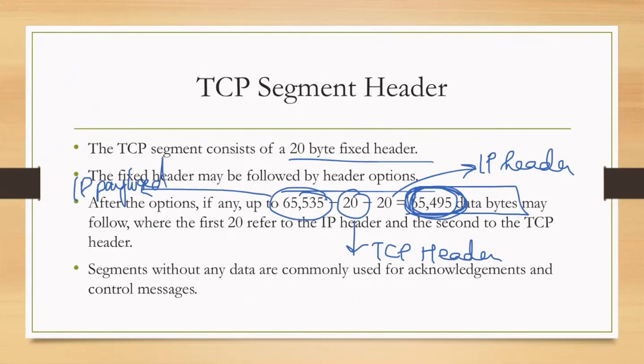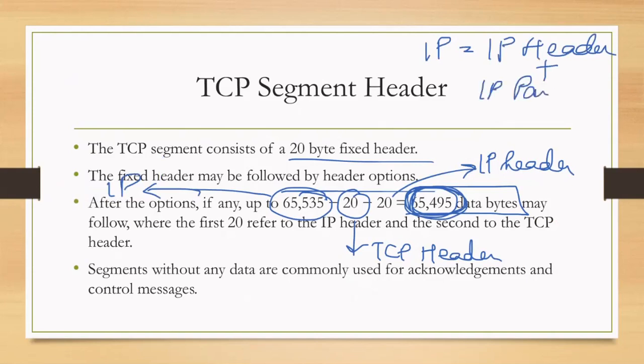One thing here: this is not exactly the payload. This is for the IP packet. The IP packet size is this. It is not the payload. It is the IP header plus the IP payload. So together it is this.